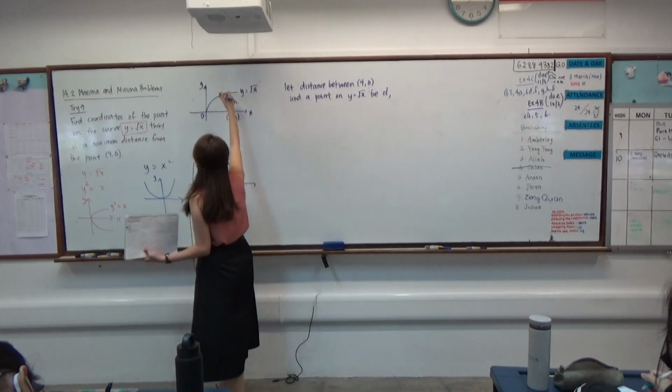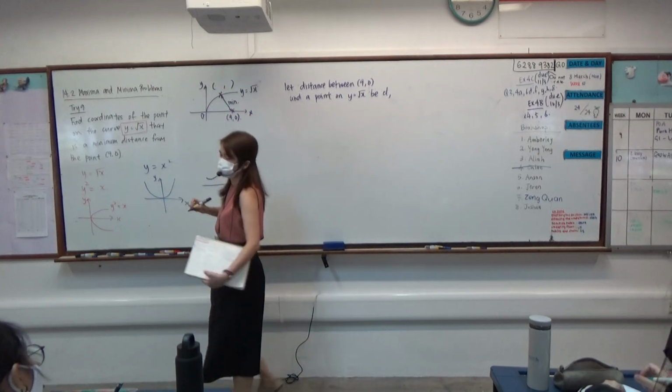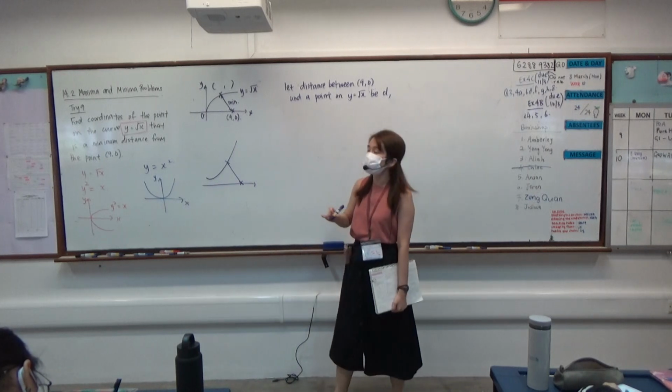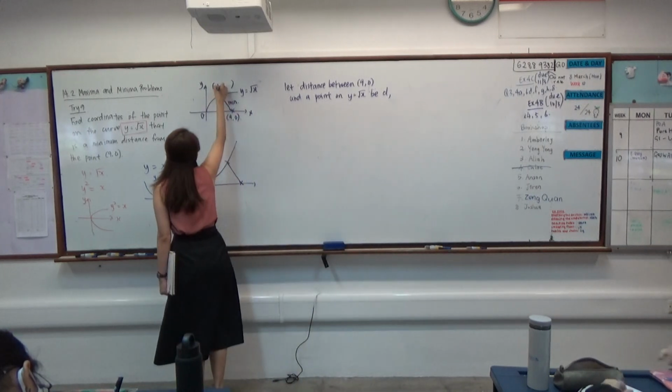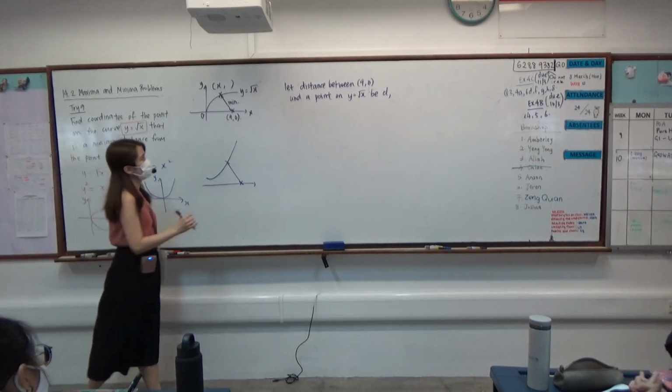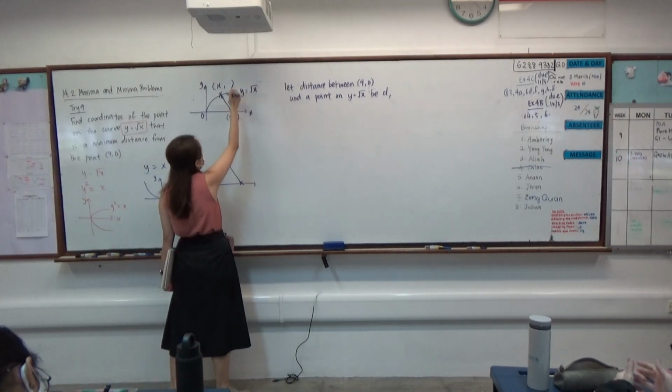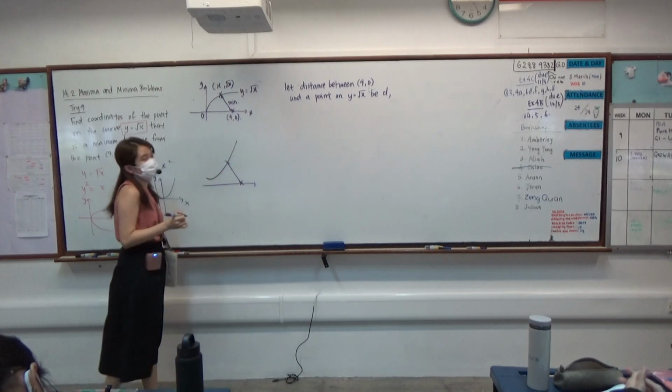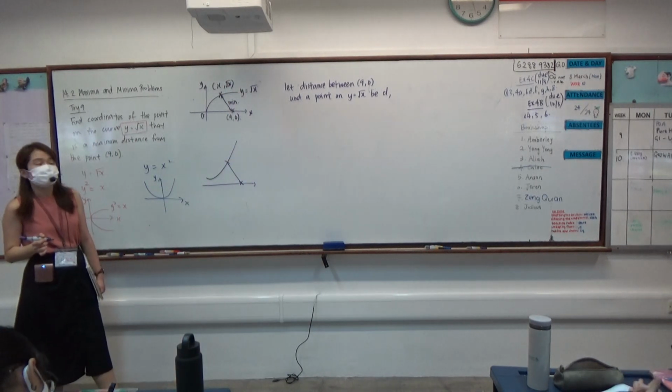For any point that's going to be found on the curve itself, if I know the x coordinate, let's say it is x, then the y coordinate value will definitely satisfy this equation, which is square root x. Right?